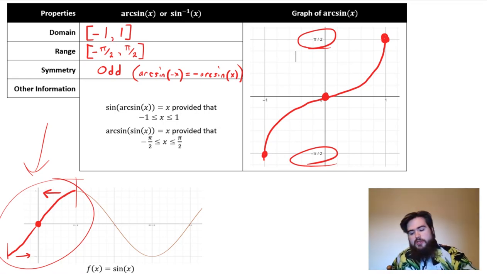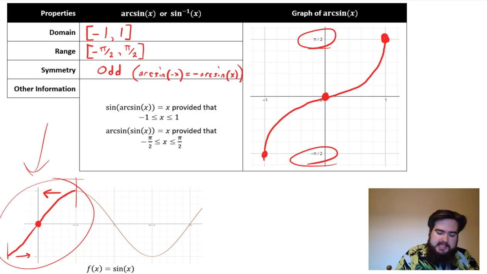For the other information here, this summarizes some stuff about the domain and the ranges, and how these functions interact with each other. If you take sine of an inverse sine function, those are going to cancel out and only give you the input inside of arcsine left over, so long as that value is a valid input for arcsine.